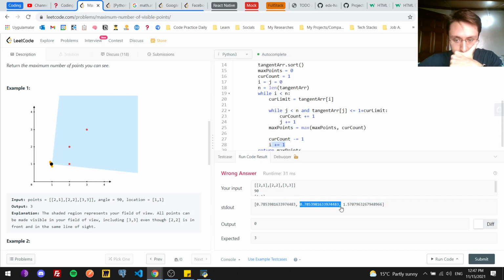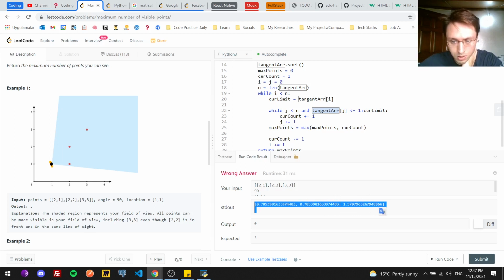I put this in the tangent array. Current limit is now that. Come here. The 2 is still greater than this, so we don't go in. And then when I go next I decrease the count by 1 again.